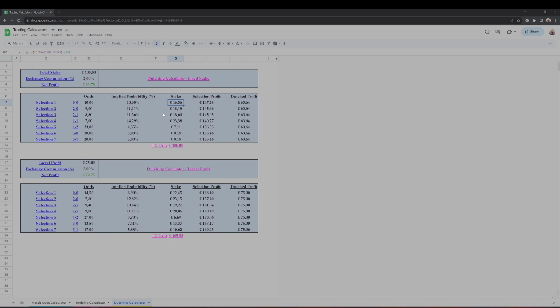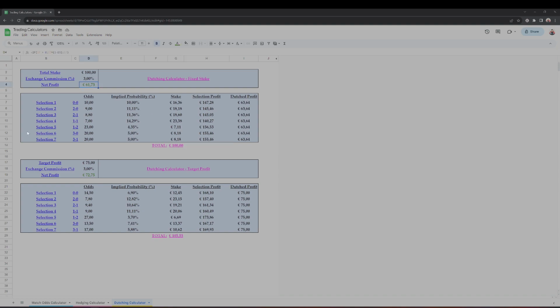Yeah, so if I enter the market with those stakes for each of these scores, I am ensuring that I have a Dutch profit of 63.64. If any of these target scores is hit, and if I don't do anything in play, right? Because I can trade out or lay or something like that. Yeah, but if I let the trade run and I hit any of these scores, that will be my profit.